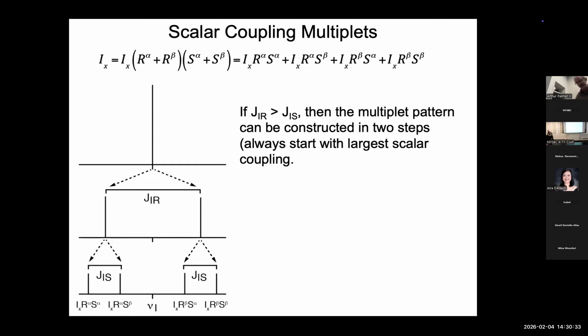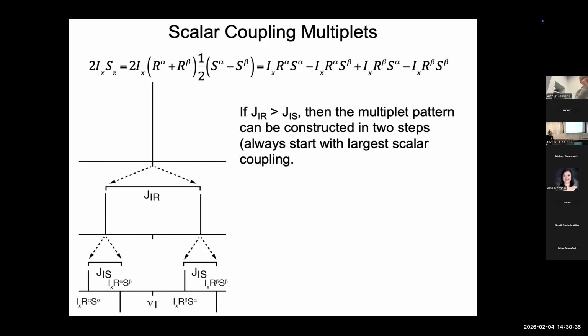And if I had the other operator, I would say the operator is in phase with respect to JIR, so I split into an in-phase doublet, and antiphase with respect to JIS. So each of these becomes an antiphase doublet.